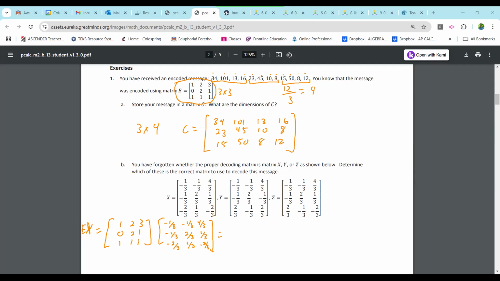So again, that's going to be row times column. Here's fractions. Y'all ready? 1 times negative 1/3 would be, plus 2 times negative 1/3, 3 times negative 2/3.